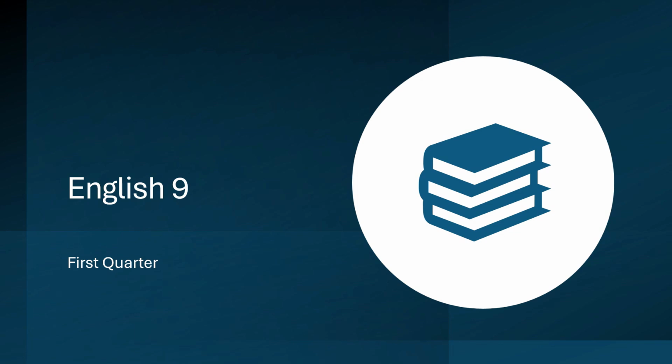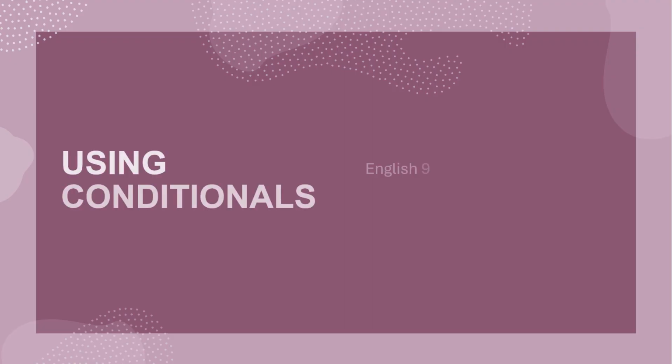Welcome to English 9. So last time we discussed the use of modals in prohibition, permission, and also obligation. Now at this point, let's talk about this topic: using conditionals.